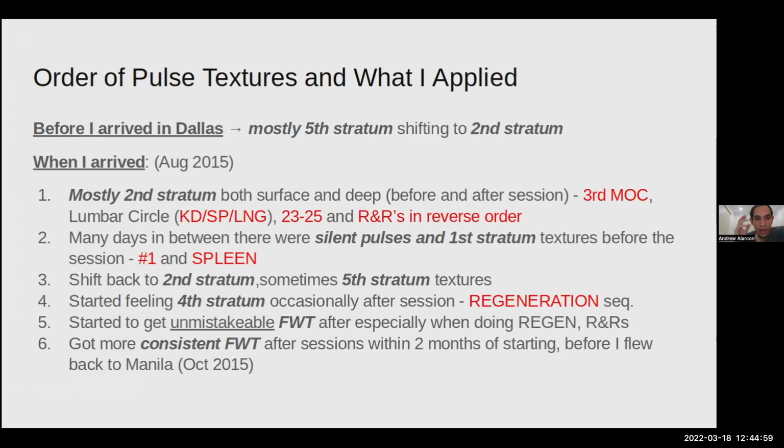And I wanted to use his case as an example for you today. We can learn a lot about discerning pulses from this. I don't think that every project will be a good example of the order of pulses, but this is actually a very good example of how the textures progress.